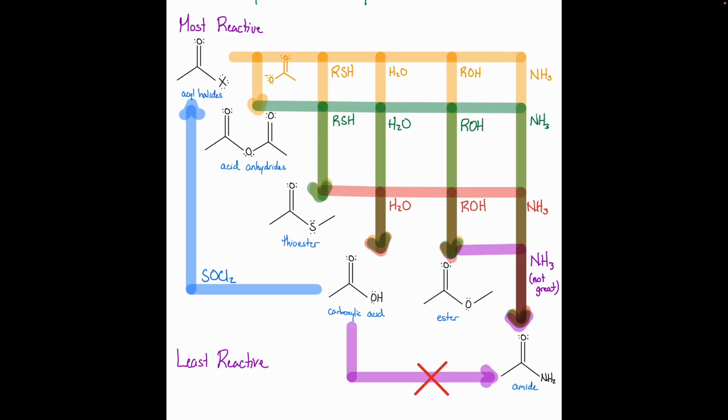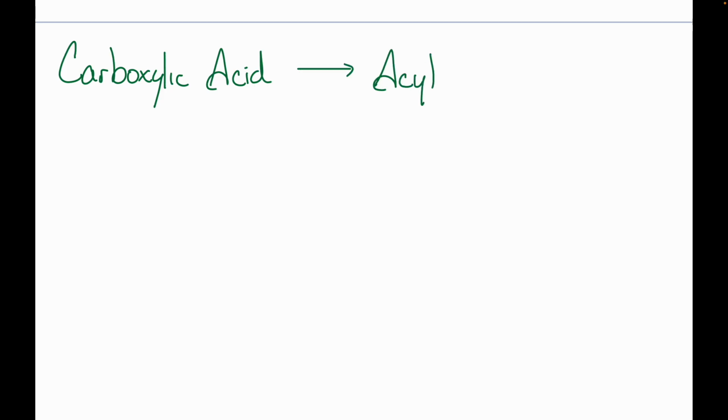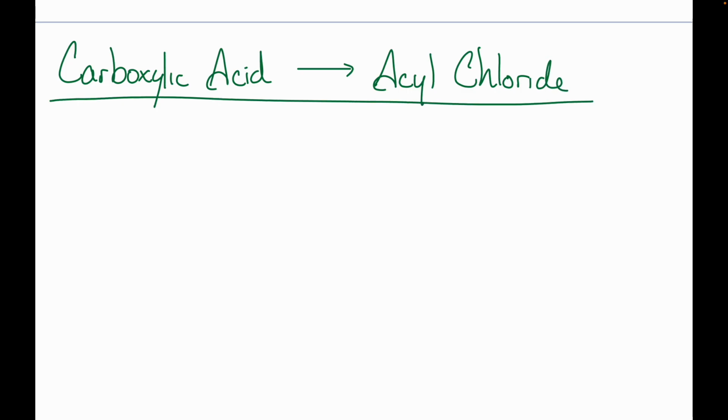All right, so our one way to go back to create something very reactive, we're going to convert from a carboxylic acid into an acyl, specifically an acyl chloride, using thionyl chloride.